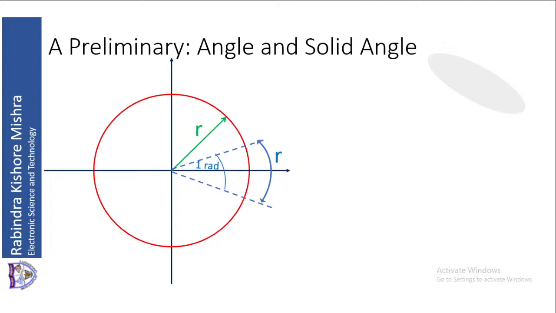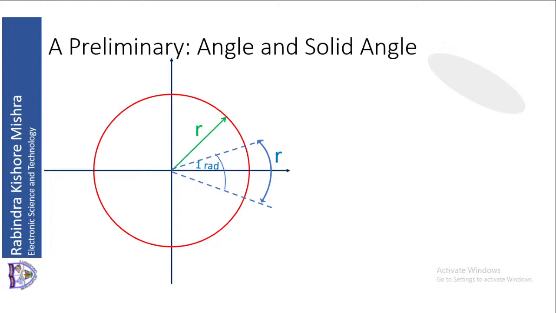So the arc length is equal to the radius of the circle, and the angle subtended by this arc at the center of the circle gives us 1 radian.